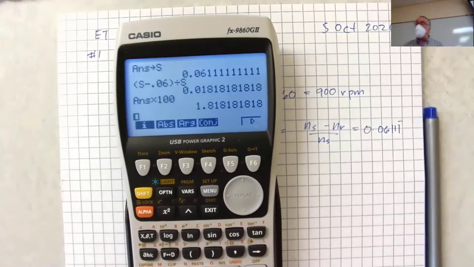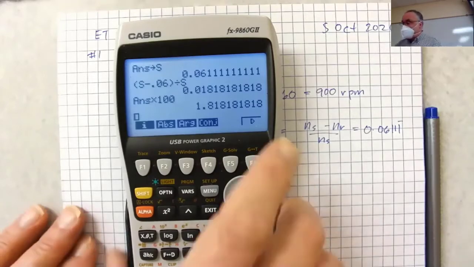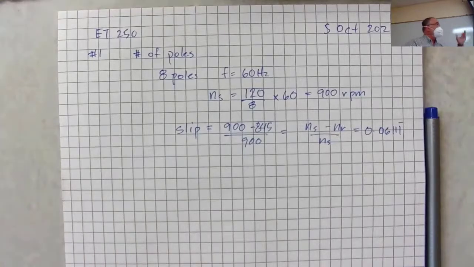It's only 1.8% off, right? But if you use 6, you got the totally wrong answer for the third problem, right? If you use just 0.06 instead of 0.0611111. So I had to tighten up the tolerances because people thought they were getting the right answer for the first problem, and they weren't.